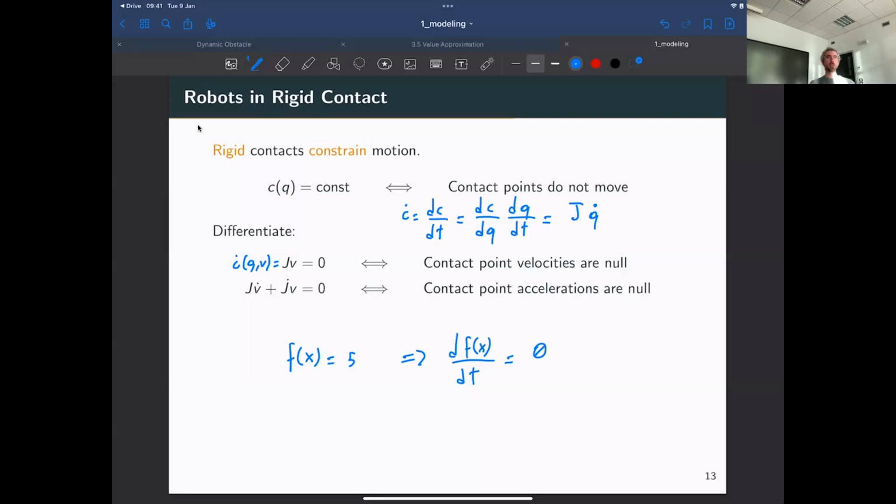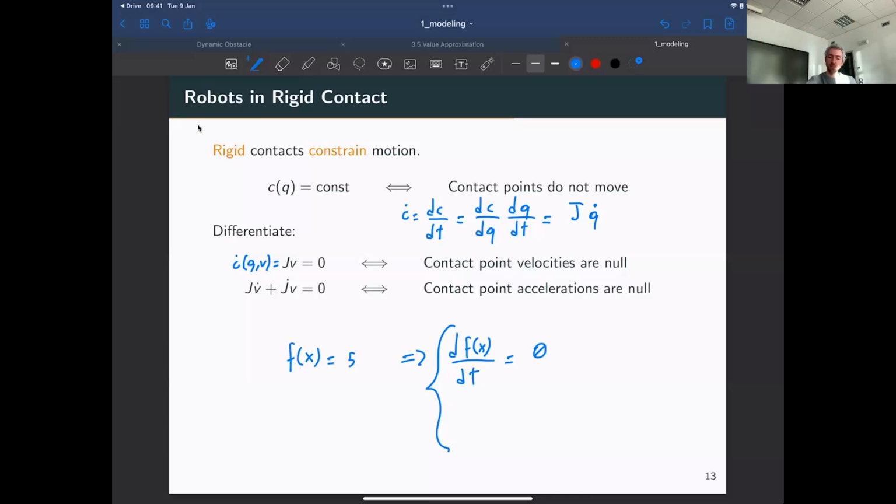So the first one implies the second. But the second does not imply the first one. Why? What's the difference? Because the derivative could be 0 even if the function is not 5. But if it has to be constant, yeah, so the second one simply says that that function remains constant, but it doesn't say at which value.